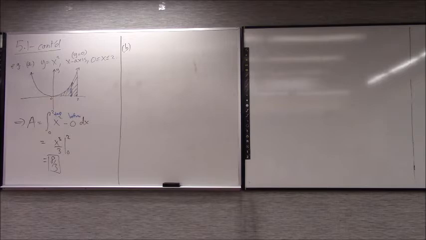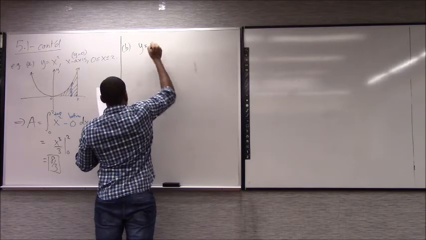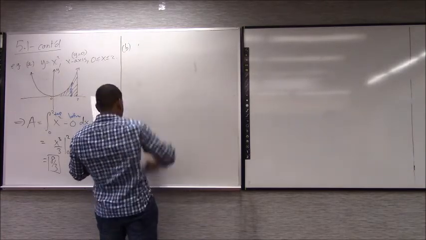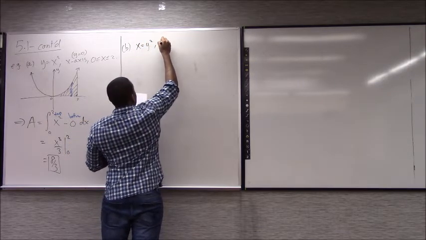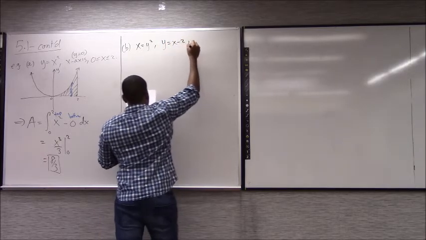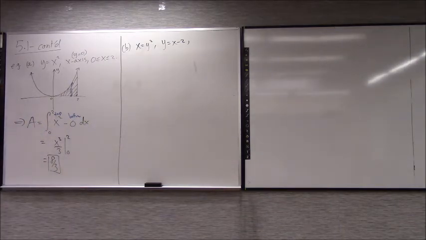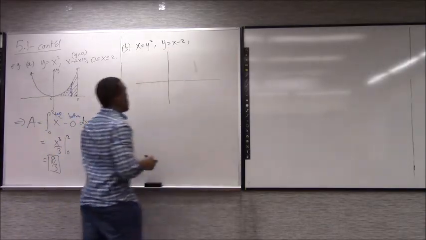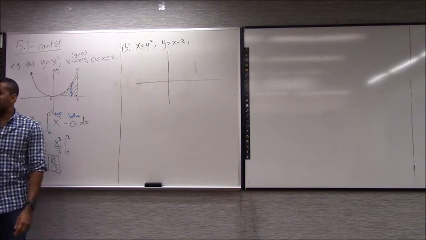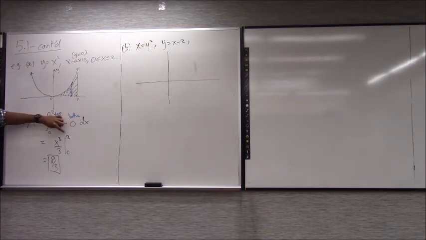How did you get the answer? 8 over 3. I plugged the 2 into the x. 2 cubed over 3, and plug in the 0.